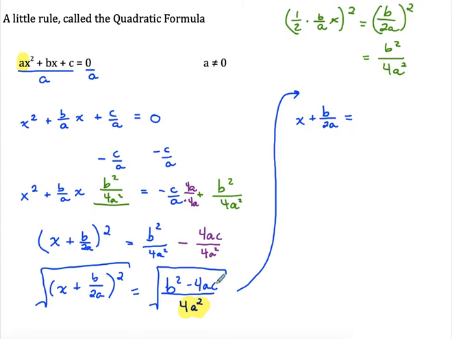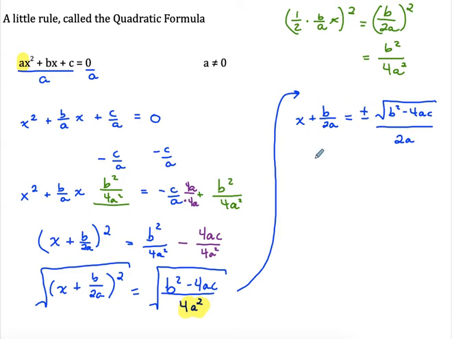But the numerator, I can't, that's not a perfect square. So the whole thing will be plus or minus. The numerator is going to stay inside its radical, b squared minus 4ac, and that's over the square root of 4a squared, which is 2a. Okay.